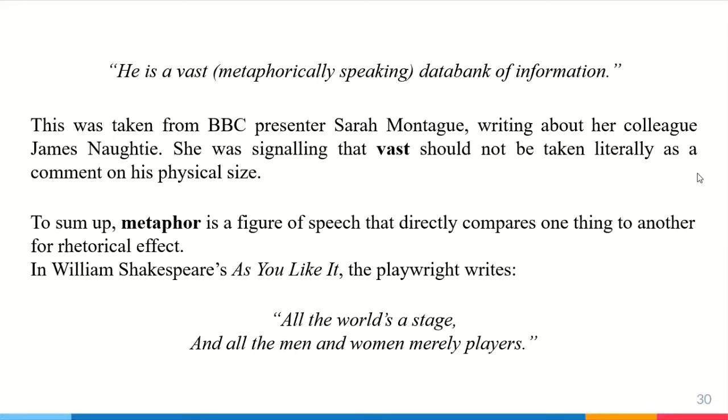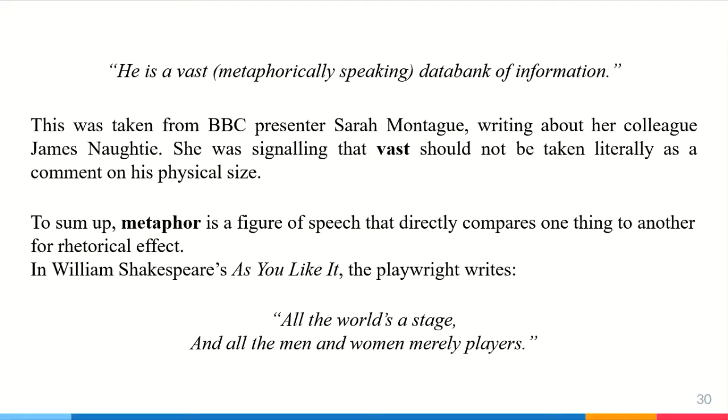Another example. "He is, metaphorically speaking, a vast data bank of information." This was from BBC presenter Sarah Montague writing about James Naughtie. She was signaling that vast should not be taken literally as a comment on his physical size, but treated as a modifier within the vehicle phrase.